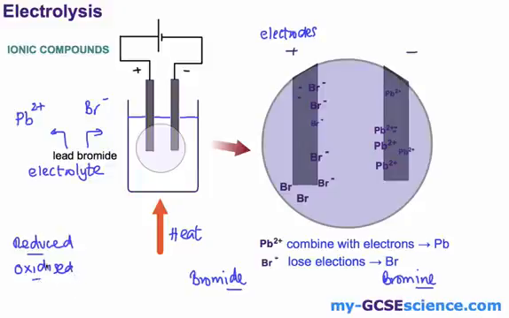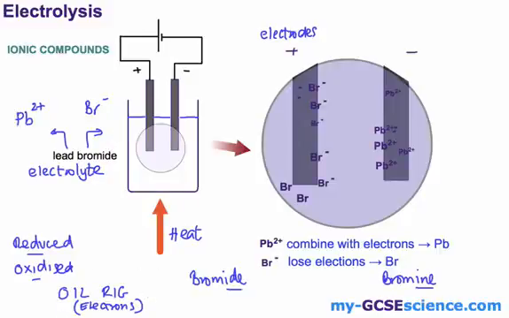Those two key words are important. A good way to remember this is the word OIL RIG. When we're talking about electrons, oxidation is loss, reduction is gain. So the lead ions have gained electrons, and reduction is gain, so we say they've been reduced, and the bromide ions have lost electrons, so we say they have been oxidized because oxidation is loss. It's quite a useful little term to help you remember that.